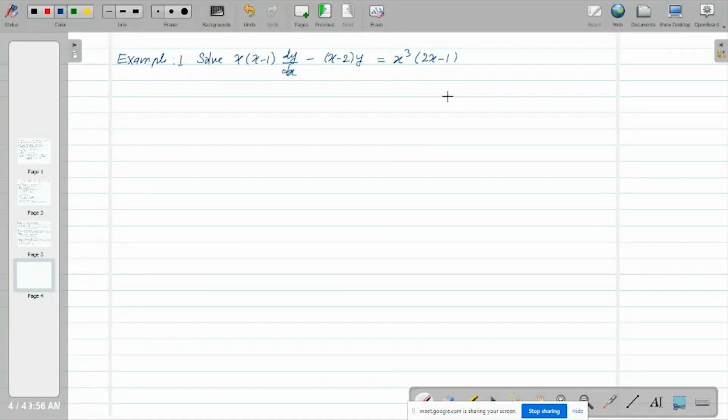Okay, this is the given differential equation, and we will have to solve this differential equation. So for that we will make it in standard form. We will make the given differential equation in standard form.